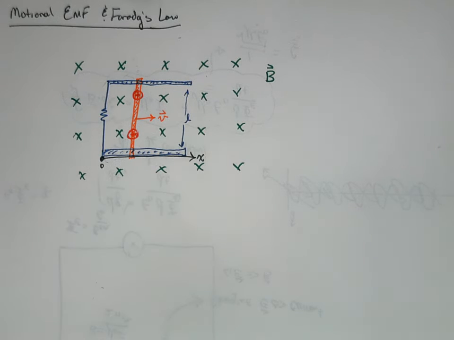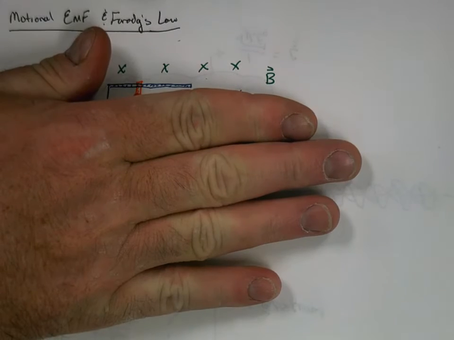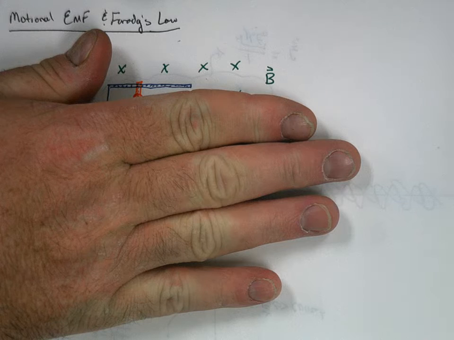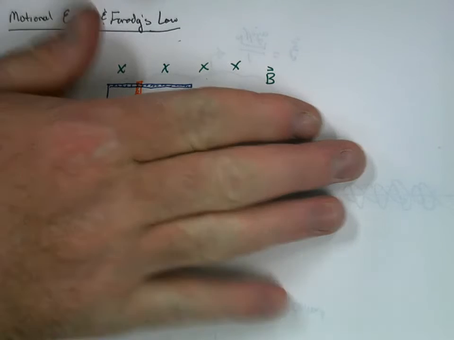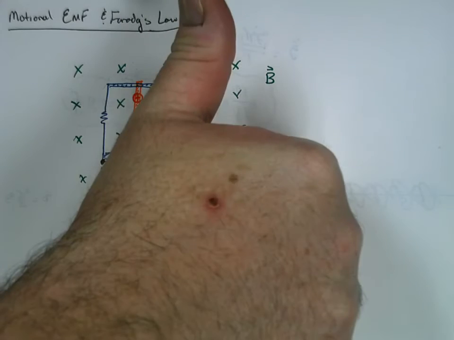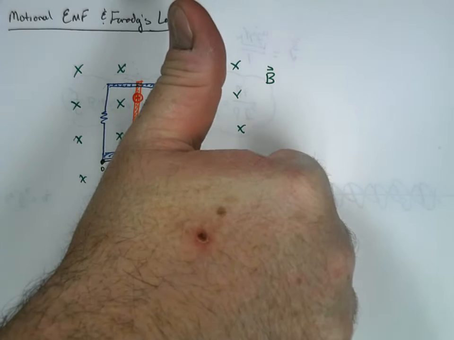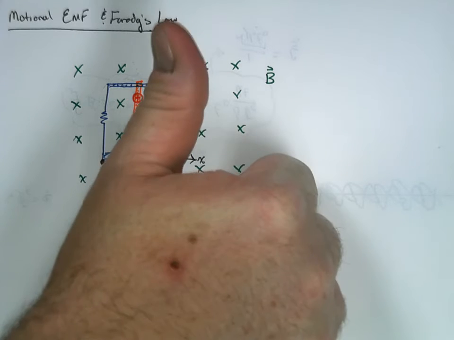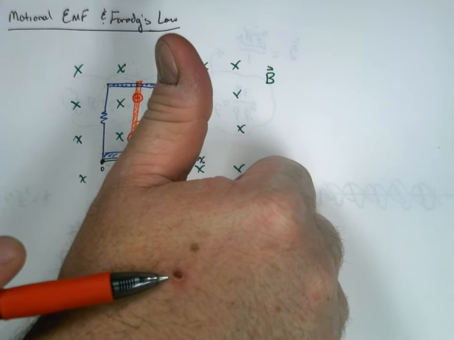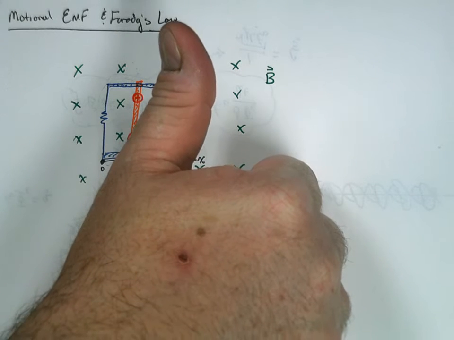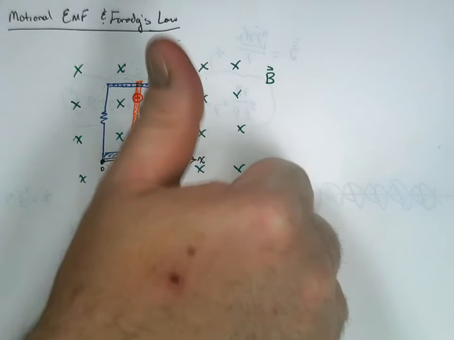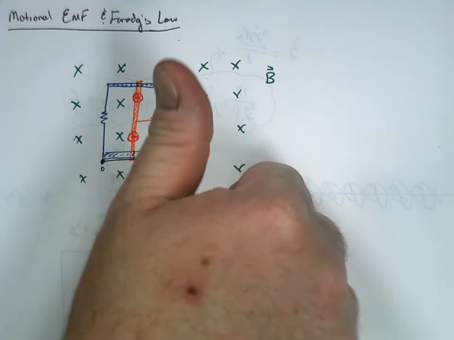Remember, we point our fingers in the direction of the velocity, curl our fingers in the direction of the field. And look at the lovely little mark I've got on my hand. Okay, and this is what happens, by the way, when your dentist isn't happy with you in the chair. No, I'm kidding.